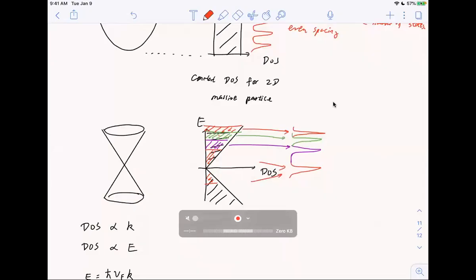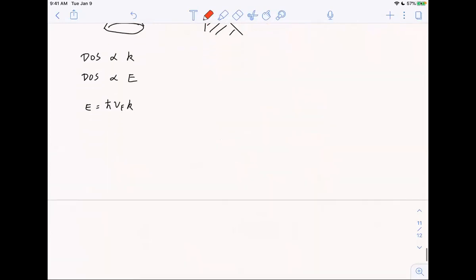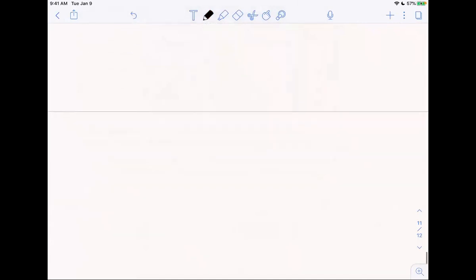Now let's talk about the quantum Hall effect. The first unambiguous evidence of the Dirac fermion in graphene, I would say, is this. You have many different ways to probe it, but I think the most distinguished and unambiguous signature is in the quantum Hall effect. So let's briefly talk about the quantum Hall effect.